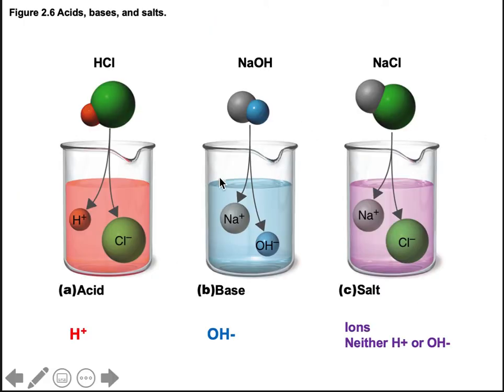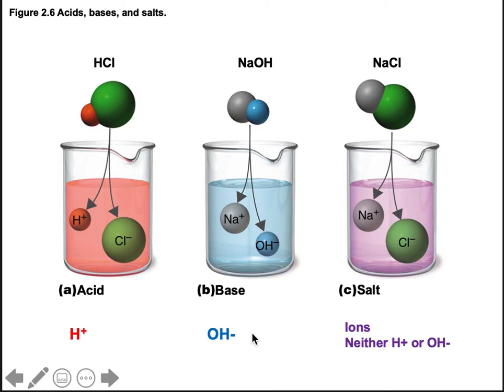Okay, so I already mentioned this, but here's a visual. So acid will dissociate, and you'll have a lot of free hydrogen in solution, and so we call that an acid because you have a high concentration of hydrogen. A base is going to take up free hydrogen, and you will also have some free hydroxide ions, and so that's a base.